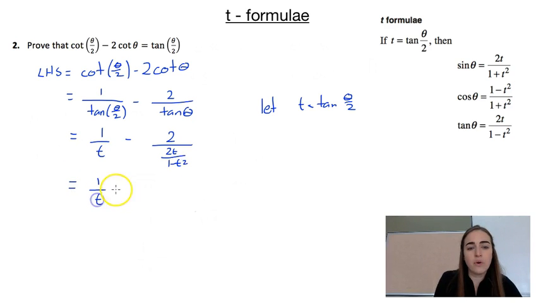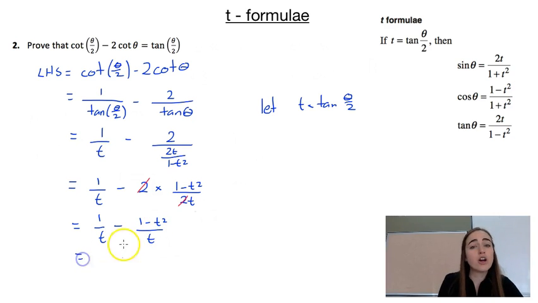So I'll leave our 1 over t. Now if we're dividing by a fraction, we can multiply by the reciprocal. And from there, our 2's could cancel out, which would just simplify this down to 1 over t minus (1 minus t squared) over t. Now they have a common denominator, so we can put those together. We just need to be really careful about this minus minus.